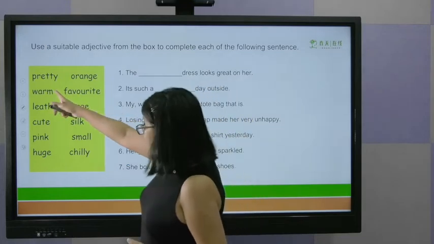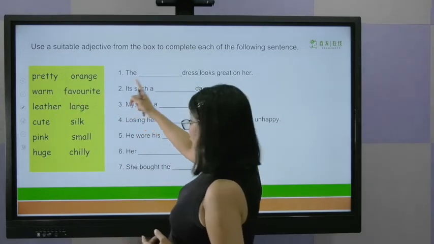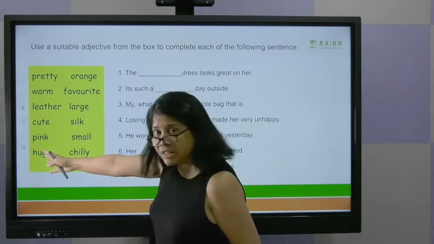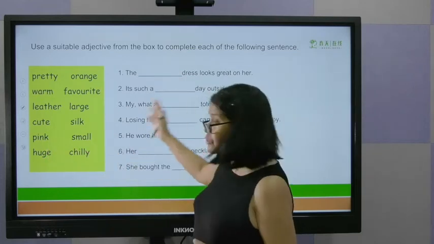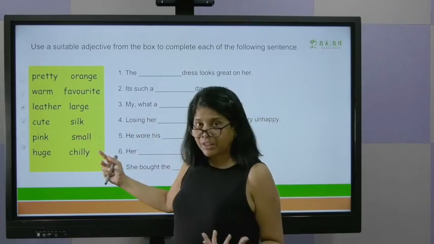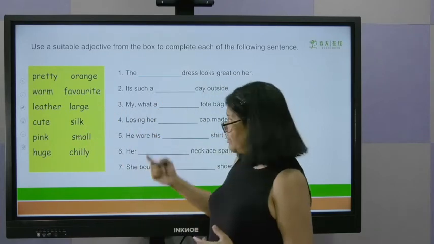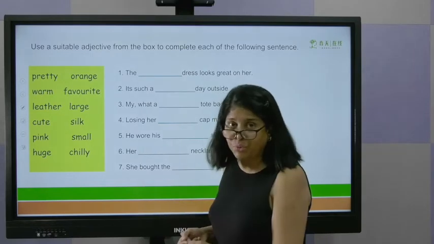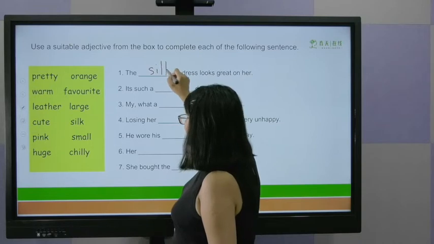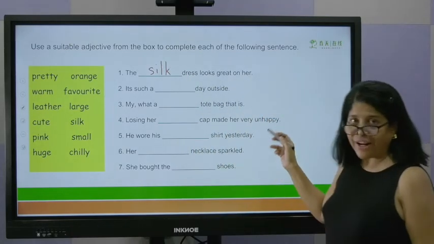Actually, pretty looks suitable. Orange looks suitable. You can even have pink color is suitable also to describe the dress. And you can also have the material, which is silk. Let's put the word silk. So any of those others that I mentioned would also be correct. So let's use the silk dress looks great on her.